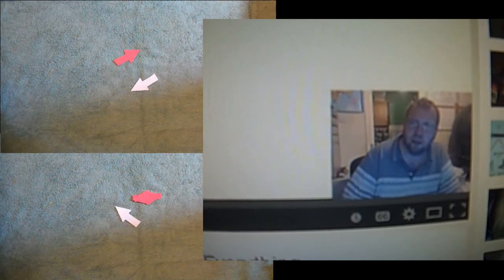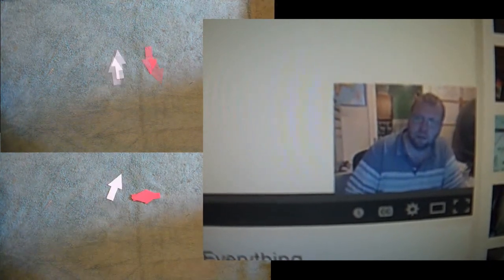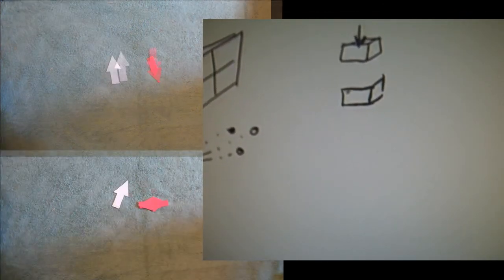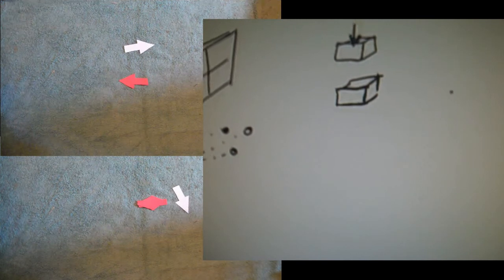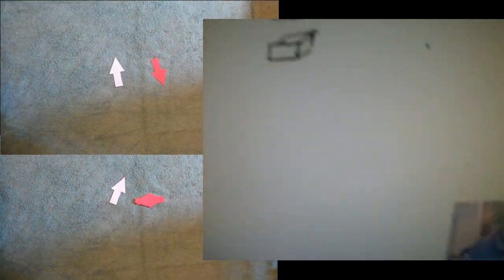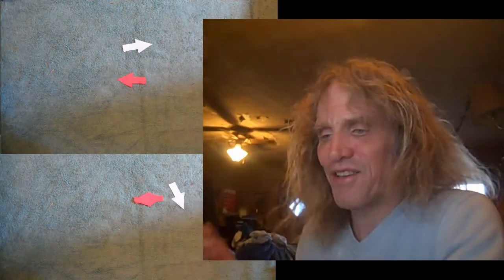Macro objects will have a tendency to feel a force between them. But at some point, on a molecular level, this will break down. Again, it's not a force between them, okay?